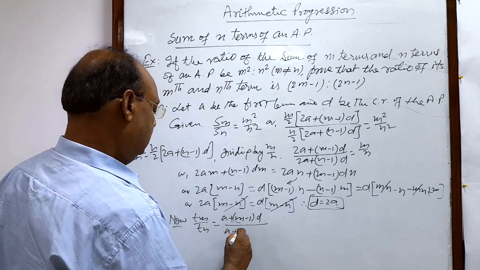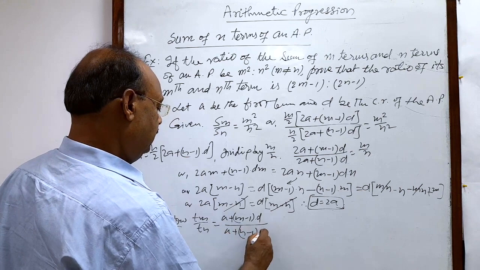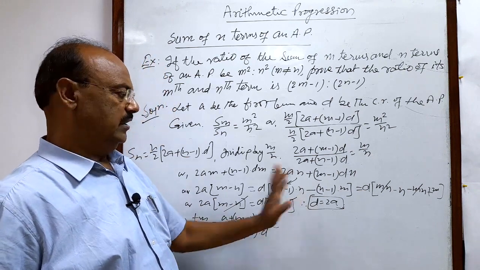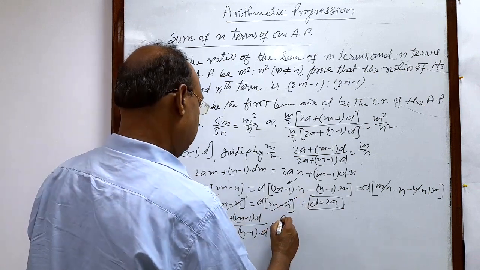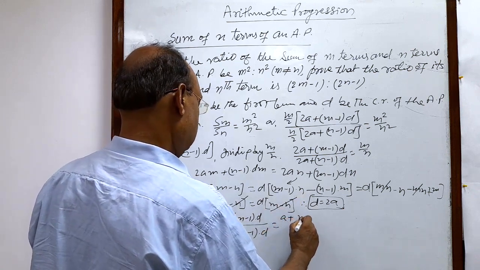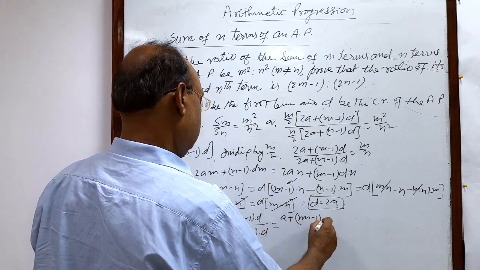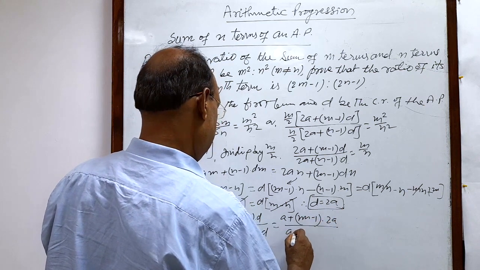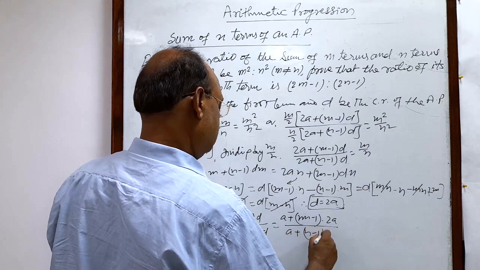By simply putting the value of d, we will get the result. So this is a plus (m minus 1) and d is equal to 2a, upon a plus (n minus 1) into d.